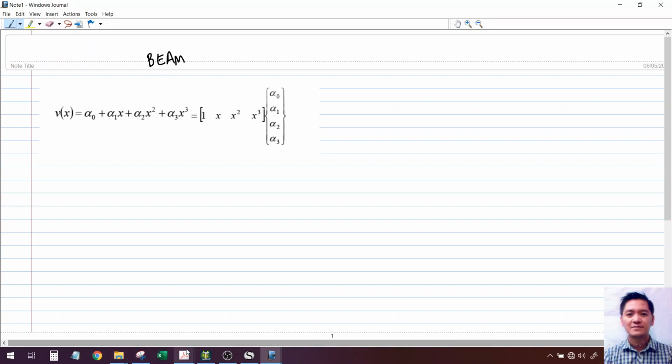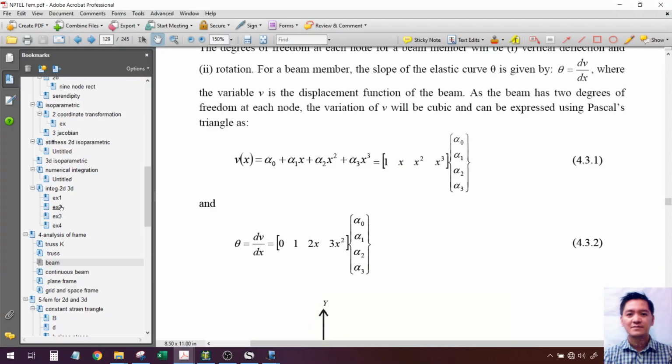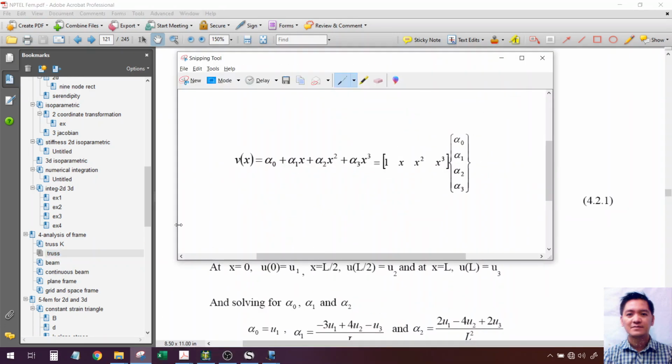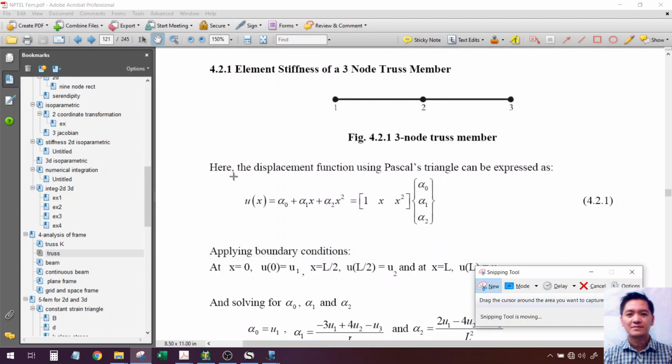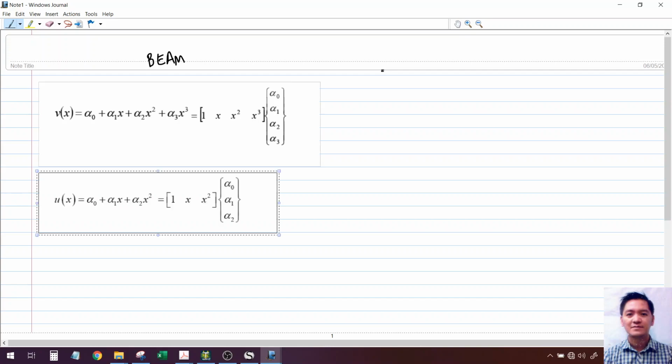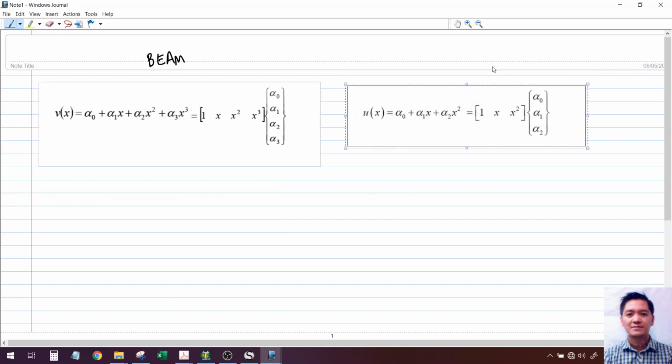Then copying ko yung sa axial as a review. Plus, ito naman si truss, truss or an axial member. Anong difference?